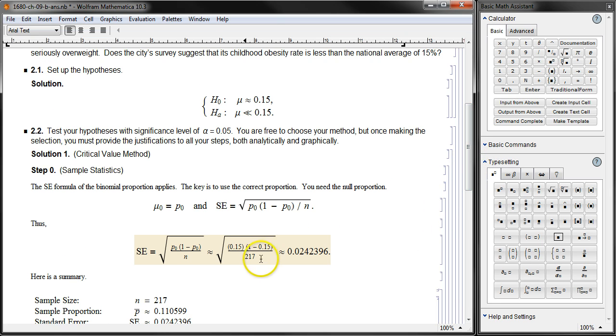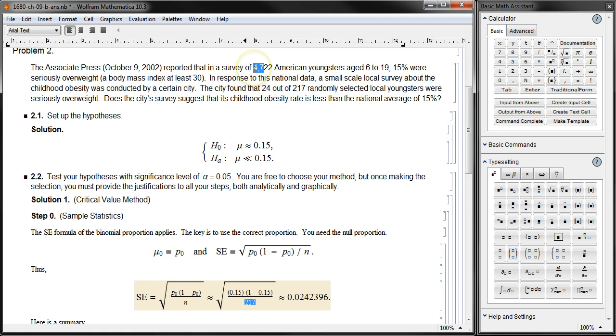Oh, one more thing. Why is the sample size 217, not 4,722? That's because we are talking about the city's findings, so we have to use 217. Is it tricky? You bet it is. Why did I give you 4,722? Is it part of the imperfection? Partly yes, partly no. Partly yes in the sense that it is imperfect. We have to use this sample size as well in order to make it really perfect.